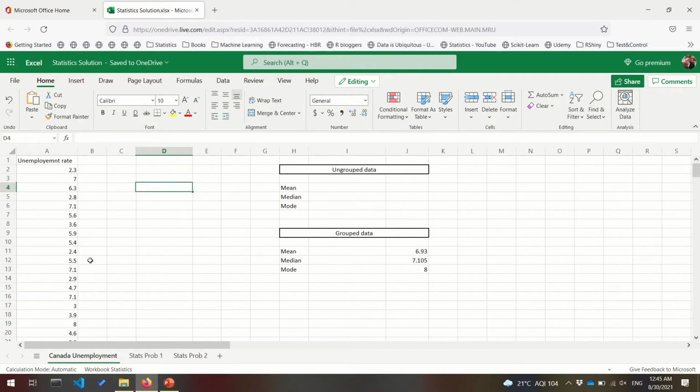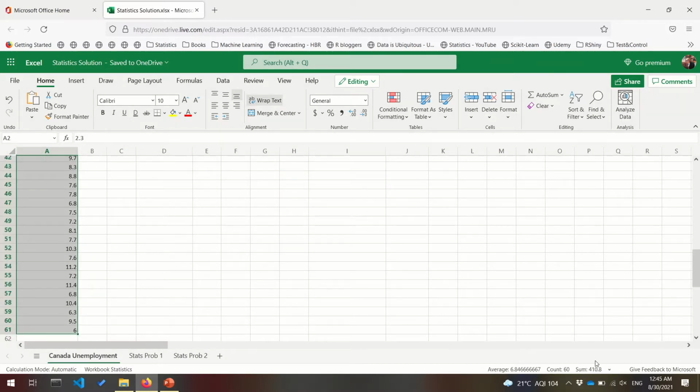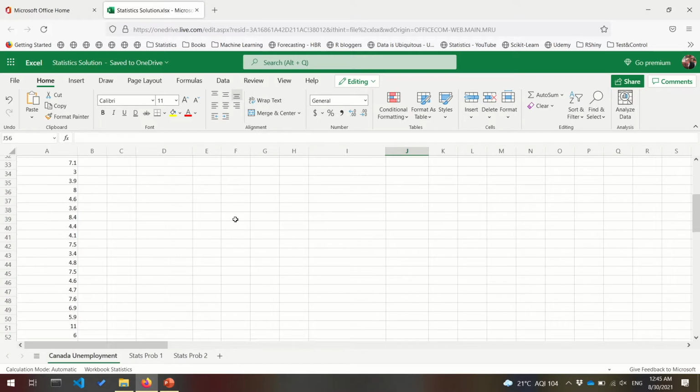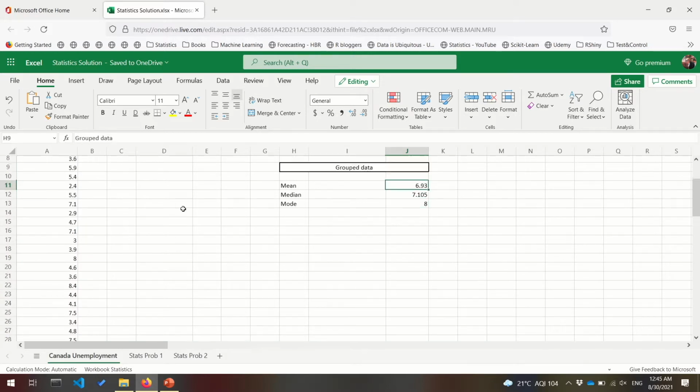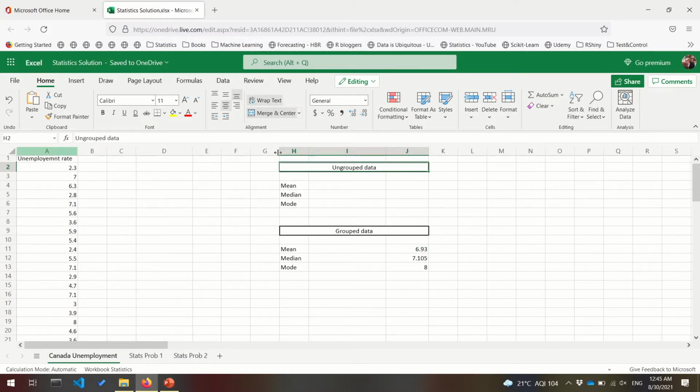The first problem statement that we have is the Canada unemployment rate, where we have 60 data points. As you can see, we have 60. I'll select from here. You will see there are 60 data points, and we want to find the central tendency of this data, like mean, median, mode. And this is ungrouped data.